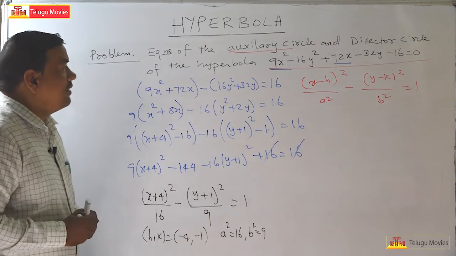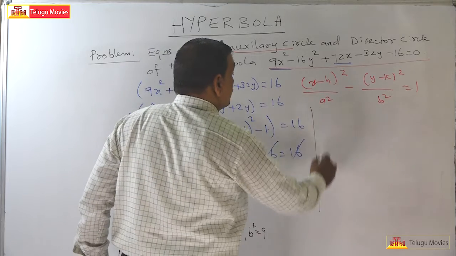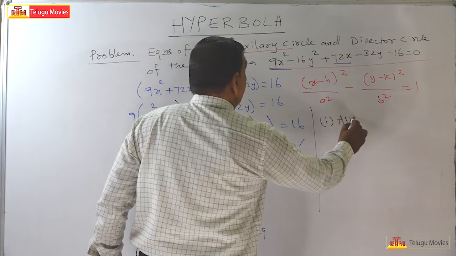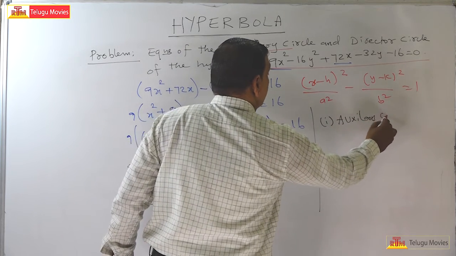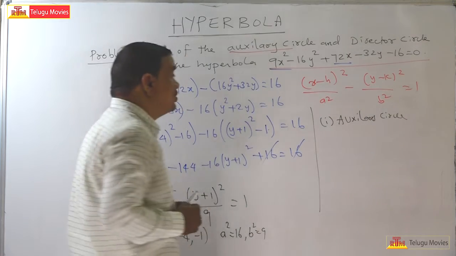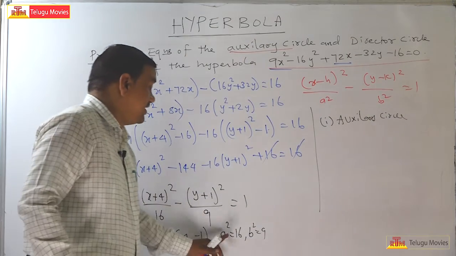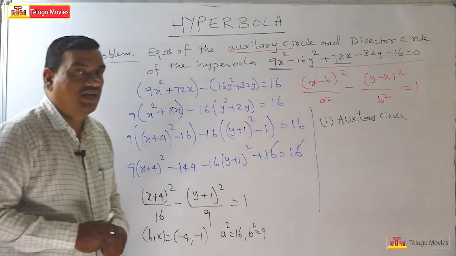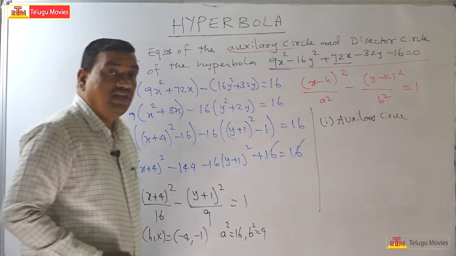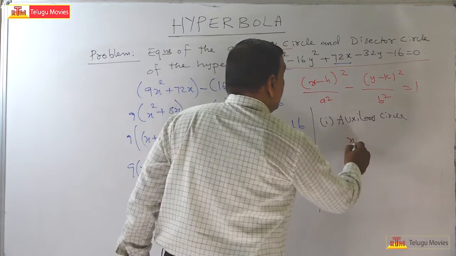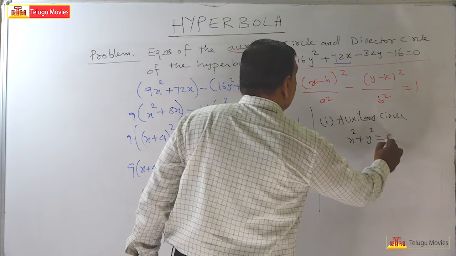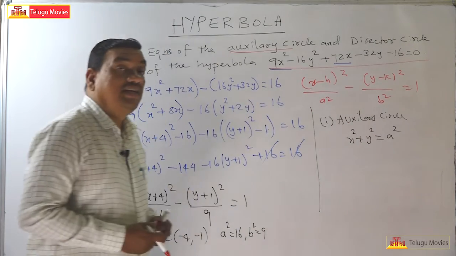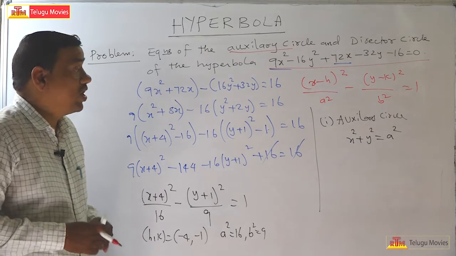Now coming to the first one, the auxiliary circle. What is the equation of the auxiliary circle? Here a square is greater than b square. Generally it is x square plus y square is equal to a square, but here it is not the hyperbola of the standard form.